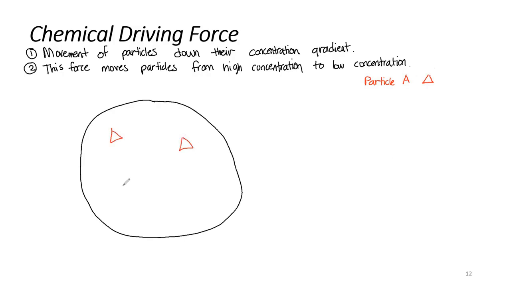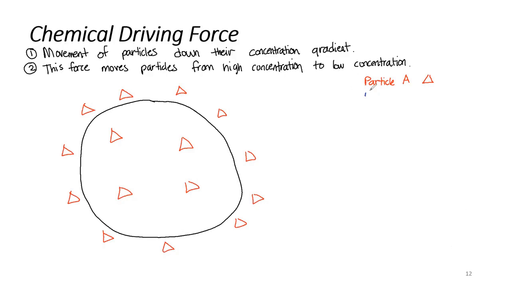Right, we have particle A at a lower concentration inside the cell, and it's at a much higher concentration outside the cell. Okay, so we've got a higher concentration of particle A outside and a lower concentration of particle A inside.